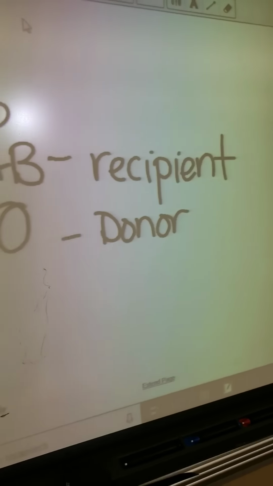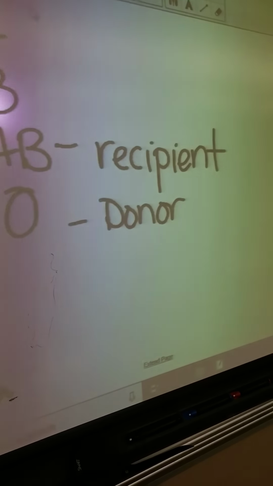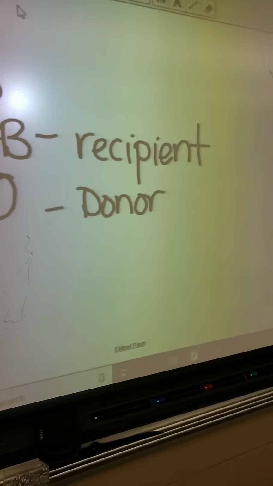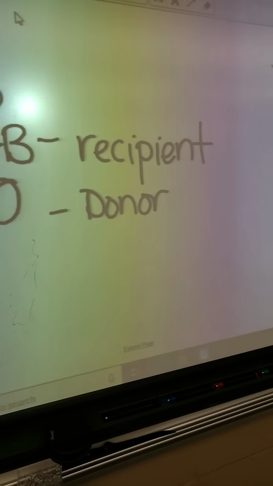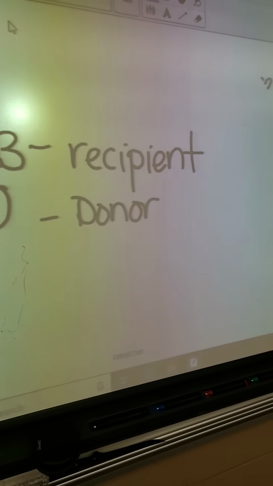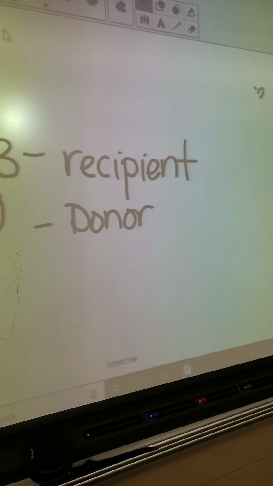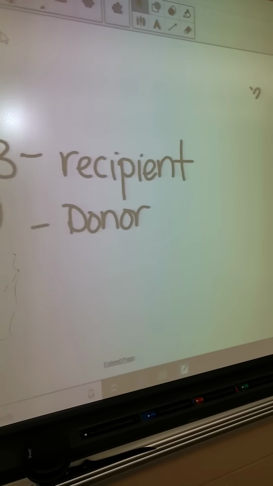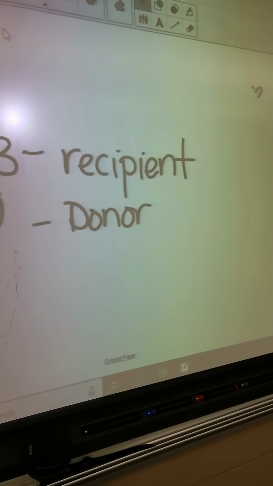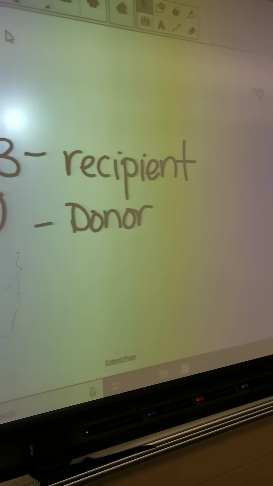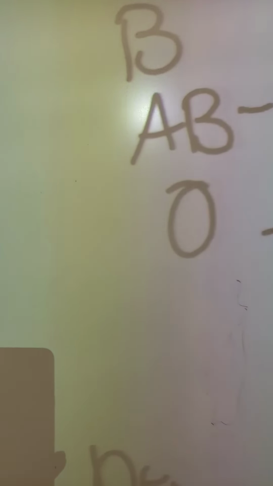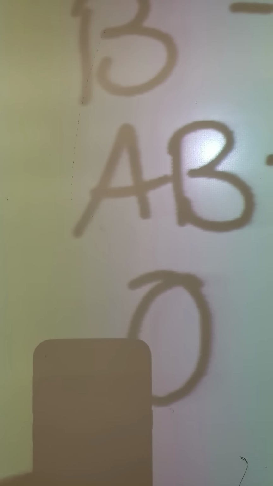All right, so your AB blood type is your universal recipient, and your O blood type is your universal donor. They can give to all. The universal recipient can receive from A, B, AB, and O. And of course, blood type B can receive from B or O, and type A can receive from A or O.